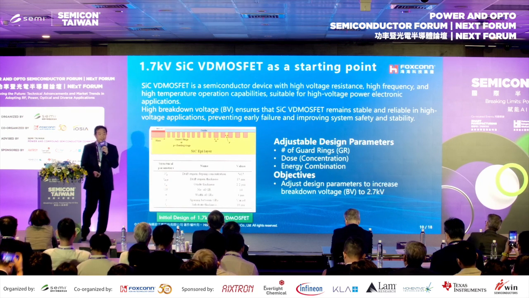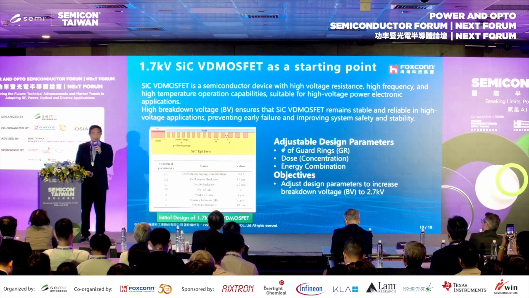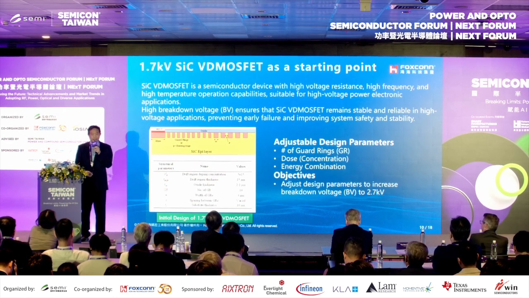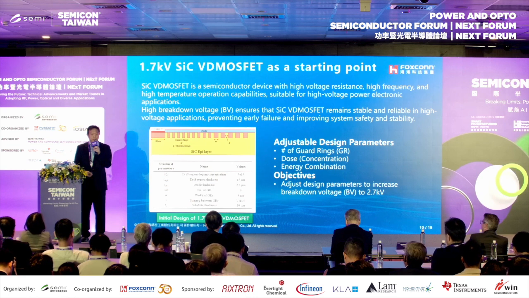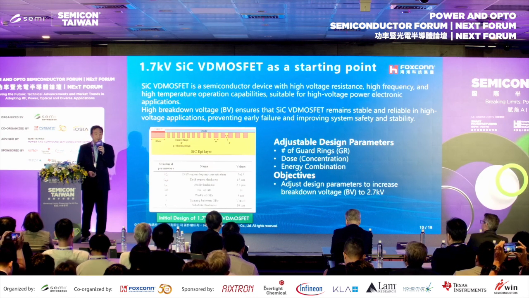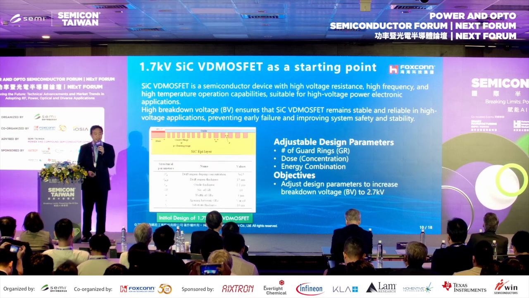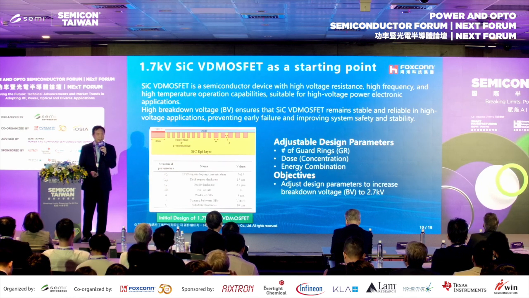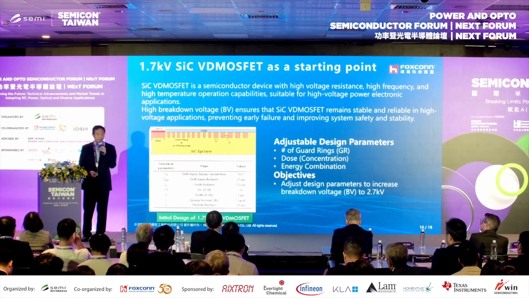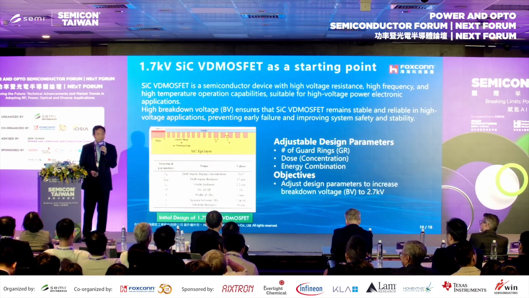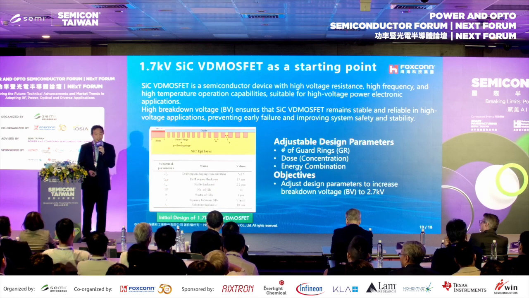So here we use the design parameters of a silicon carbide VD MOSFET with a breakdown voltage of 1.7 kilovolts as our starting point. Silicon carbide VD MOSFET is a semiconductor device with high voltage resistance, high frequency, and high temperature operation capability, suitable for high voltage power electronic applications.